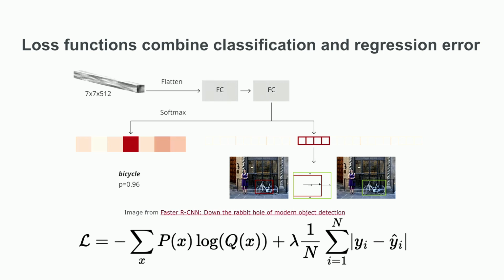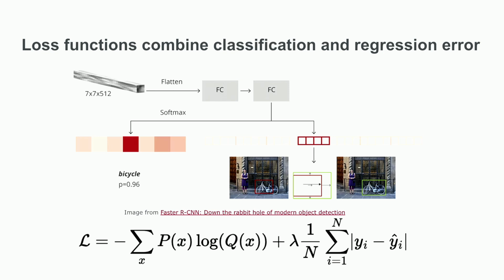You're going to have some regression loss for the bounding box, comparing the bounding box that we are giving as prediction output with the true one that was in the labeling dataset. And then we also have the cross-entropy loss for the classification. How confident are we that what we're seeing in this particular image is a person or a bike?